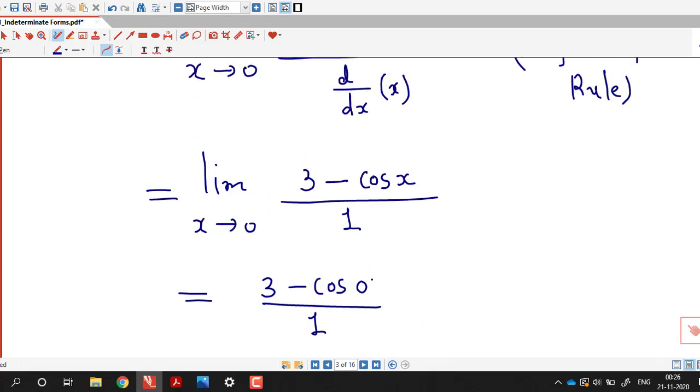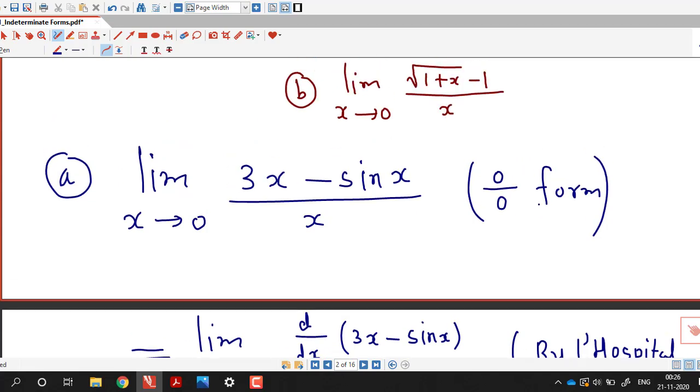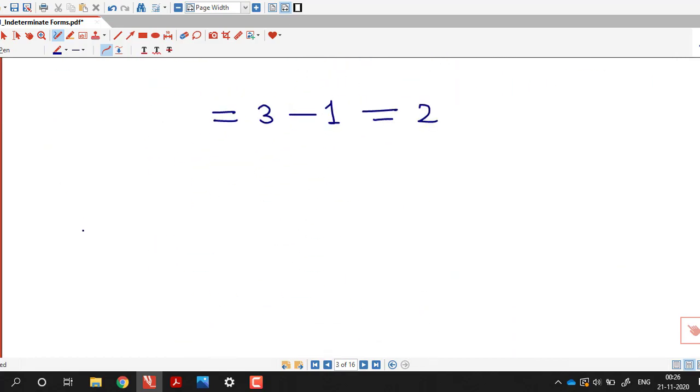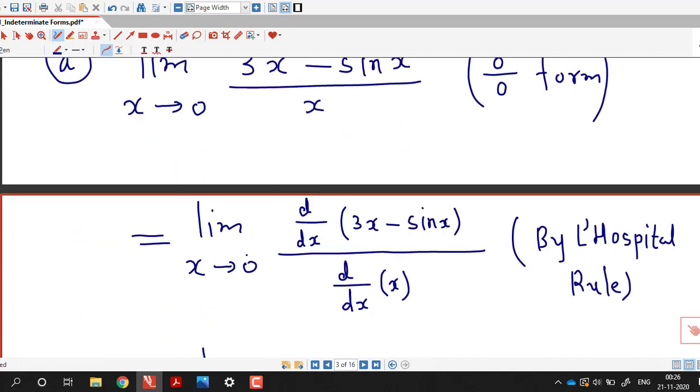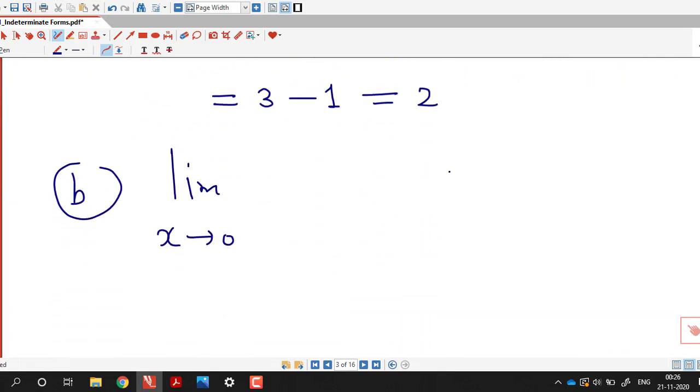So it is easy to evaluate limits by L'Hospital rule if we have 0 by 0 or infinity by infinity indeterminate form. We take the second one: the limit as x approaches 0 of (square root of 1 plus x minus 1) over x.